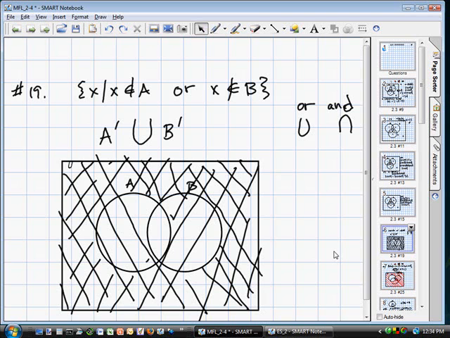That's supposed to be everything outside of B. And then you're supposed to take them together to unite them. So the answer is all the places there's any shading. The only thing that's not shaded is this little oval inside. So the result is everything but that.